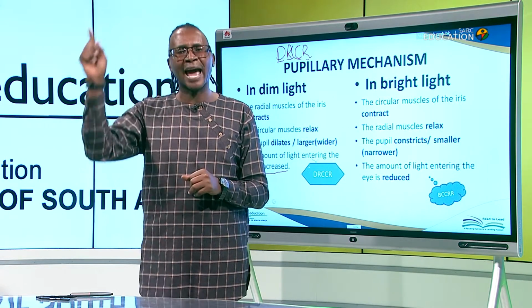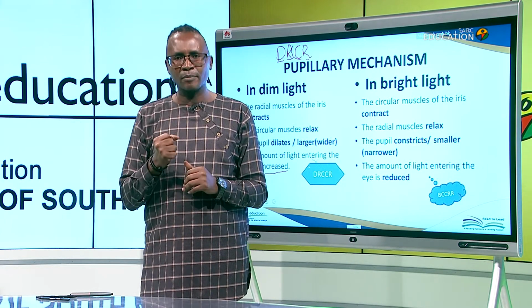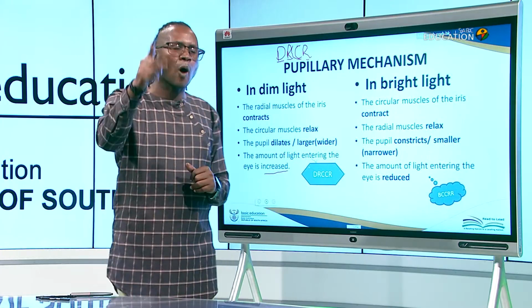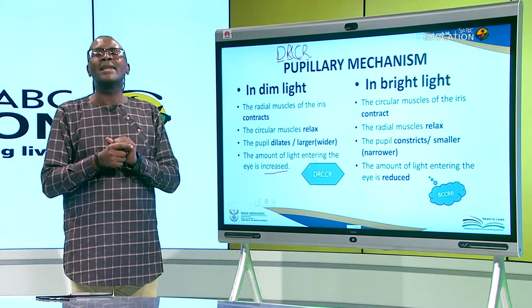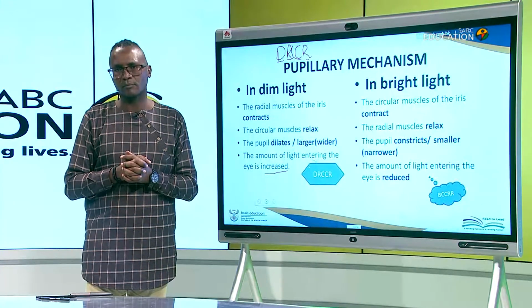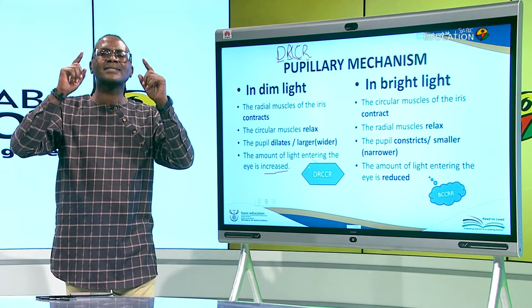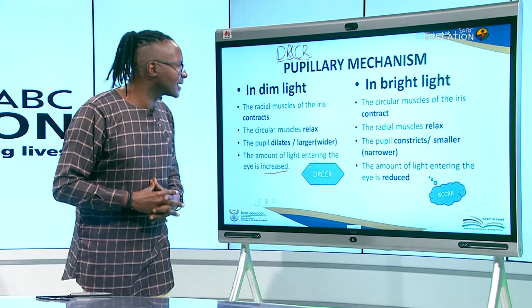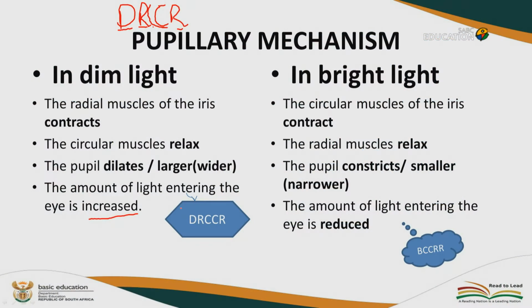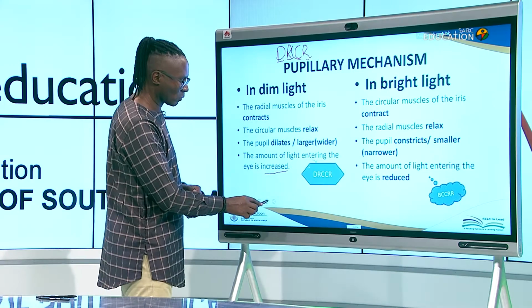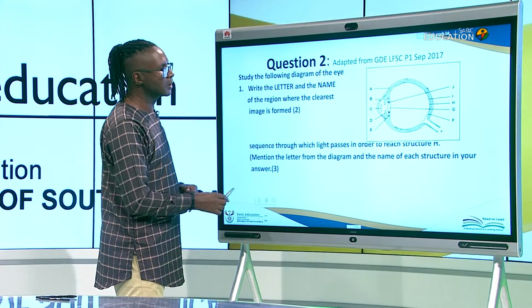And for the pupil to dilate so that it gets light, it requires the scapular muscles to relax. And when the scapular muscles relax, the radial muscles will have to contract. Debit and credit. Right.